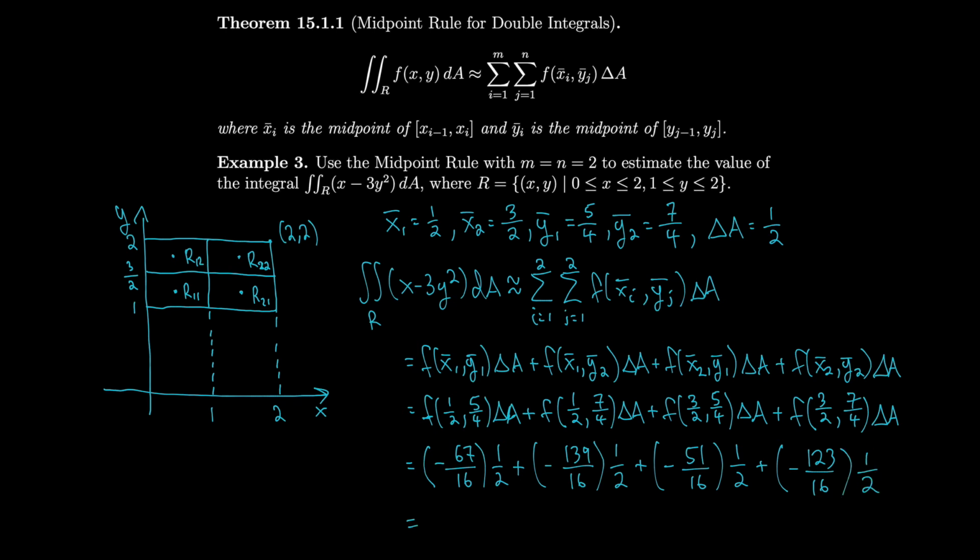Add it all up, we get negative 95 over 8, which is equal to negative 11.875, as an approximation for our integral.